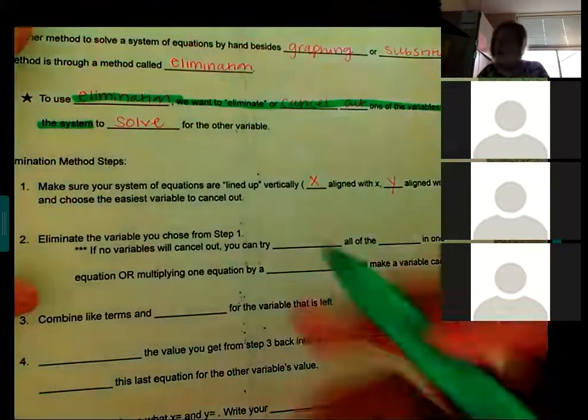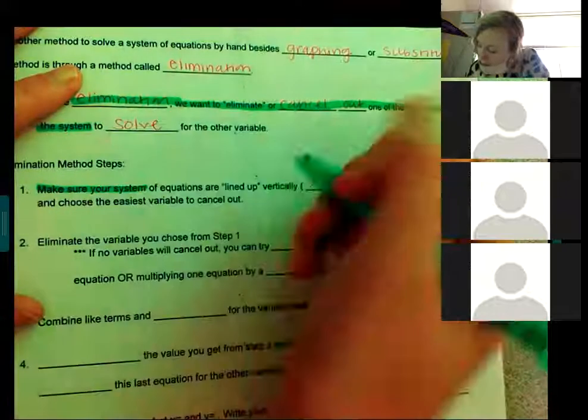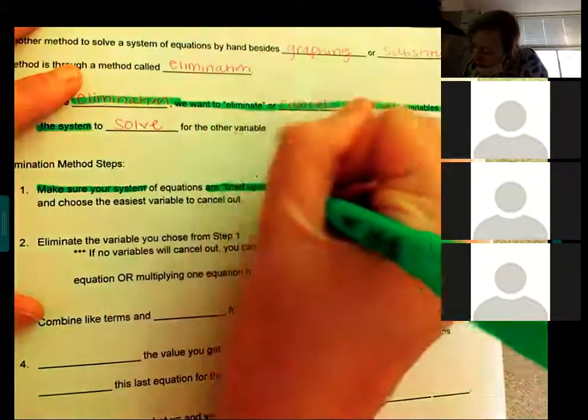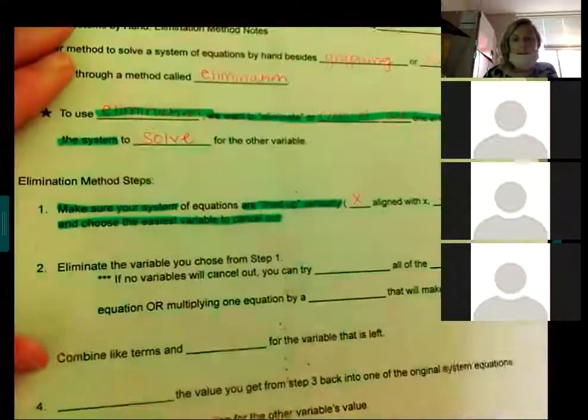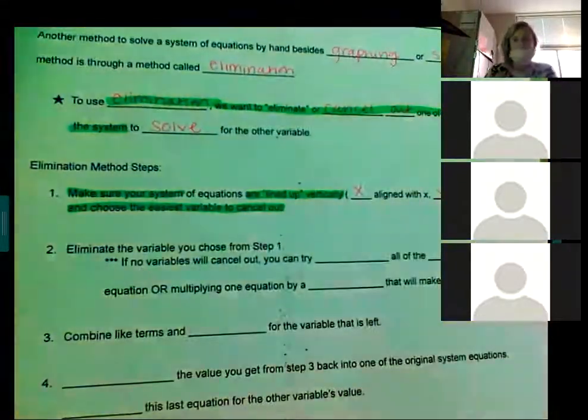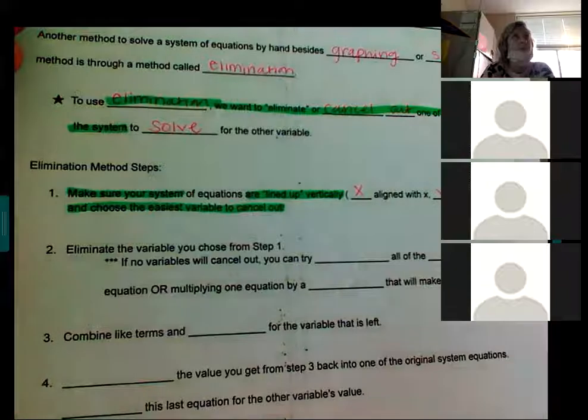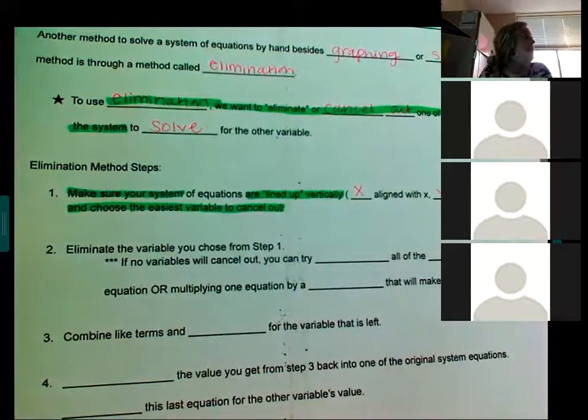If you're at home writing, write: make sure your system is lined up vertically and choose the easiest variable to cancel. You don't need to write the x's and y's. So everybody understands step 1 is to line them up. If they're not already lined up, a lot of times they are, which is nice.